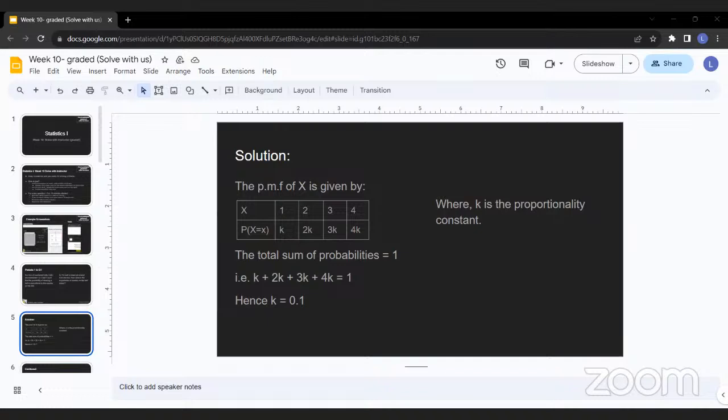That's because it's proportional: 1 into some constant, 2 into some constant, and so on. To find the constant, we use the property that the sum of all the probabilities should be equal to 1. So k plus 2k plus 3k plus 4k is equal to 1, so 10k is equal to 1. K is equal to 1 by 10, or 0.1.